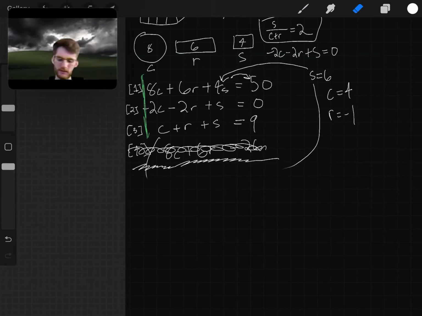So let's say we have S equals 6, C equals 4, R equals -1.